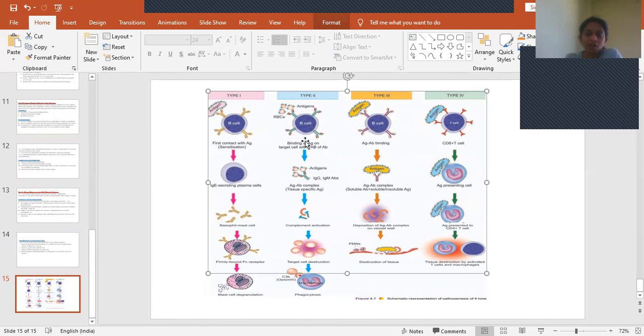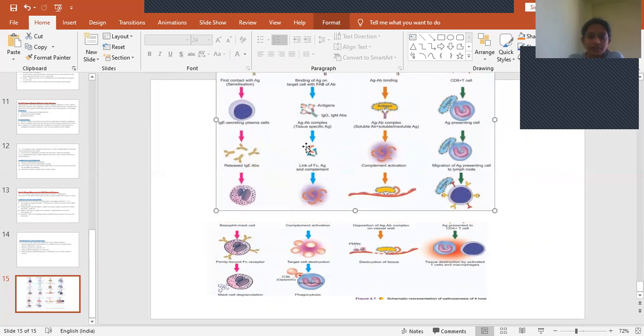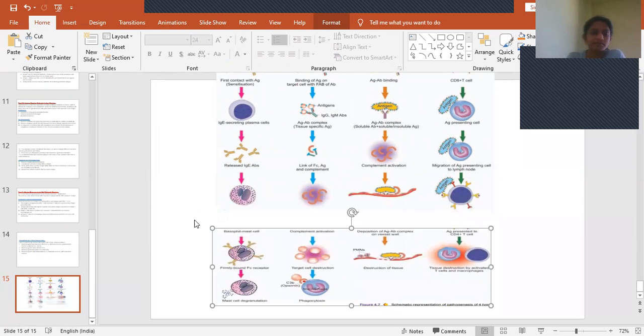Here also only B cells are involved, not T cells, excuse me for that. And then it causes complement activation, the link of Fc and the complement. When complement activation takes place, as I said, C3b and MAC will cause phagocytosis and damage this foreign particle.